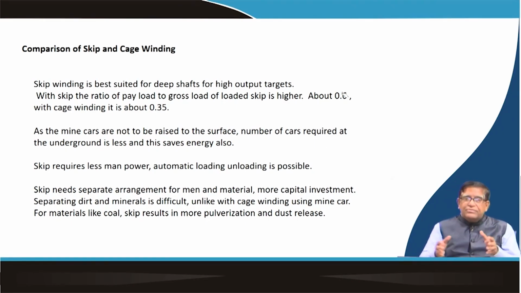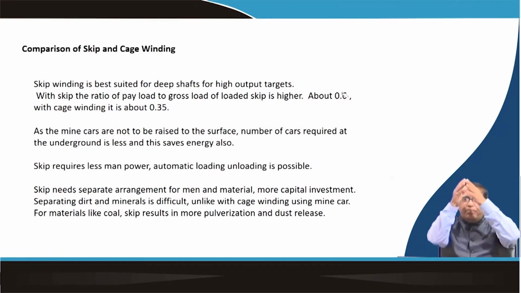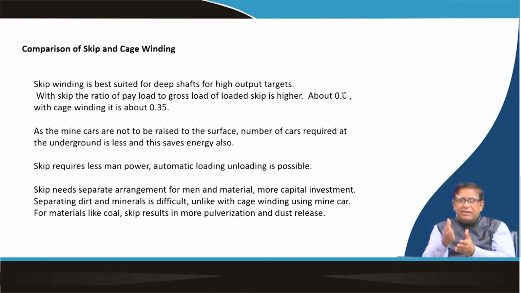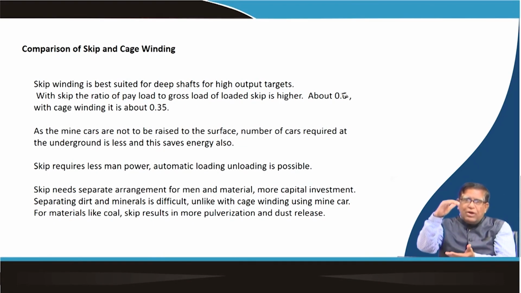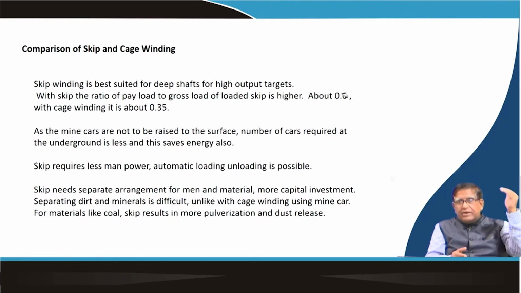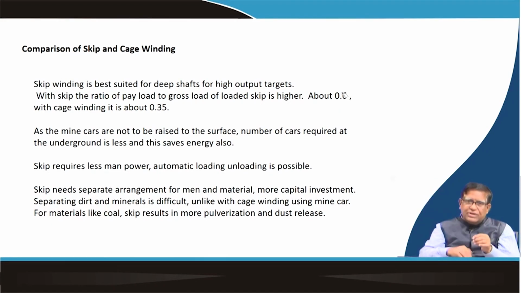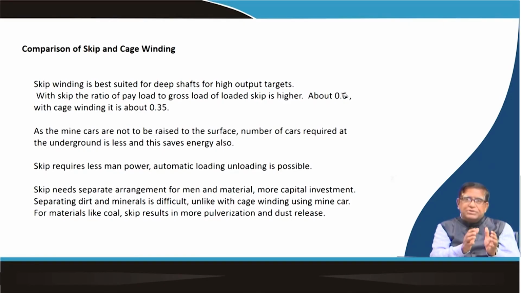Another thing is that sometimes with the skip, while unloading, the material falls from a greater height. So, at the time of unloading, the material-to-material impact as well as the material-to-surface impact may pulverize the coal. If it is pulverized, more coal dust will come up.